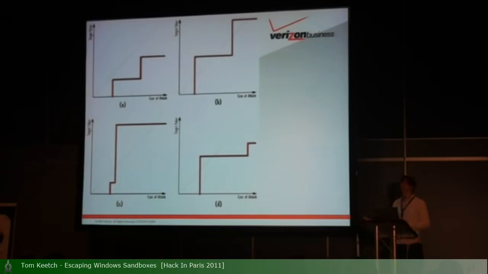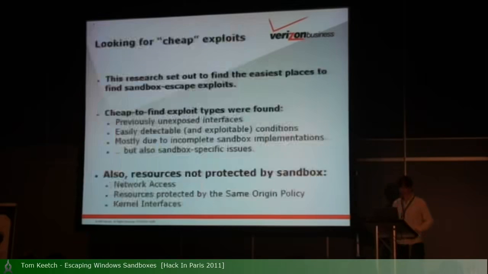So even without bypassing the sandbox, you're still gaining access to all the resources that are actually your objective. Okay, so this was focusing on looking at cheap exploits, and I hope that's framed the argument to show why this is important.